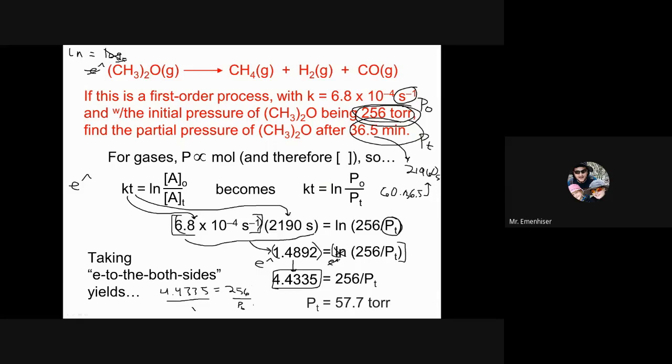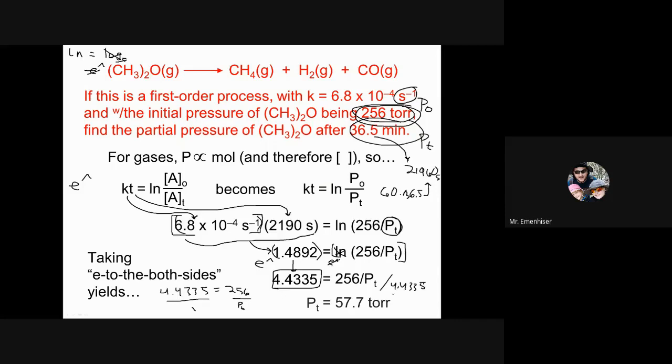Cross multiplying, Pt times that is equal to that. If we divide both sides by 4.4335, we get our answer: 256 divided by 4.4335.